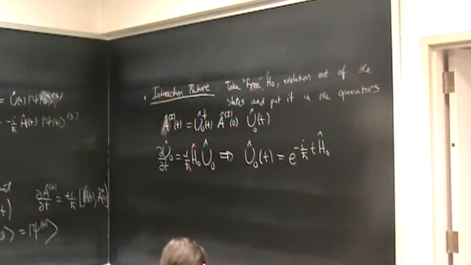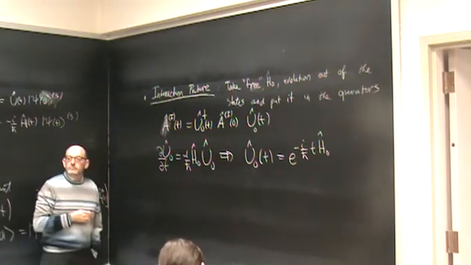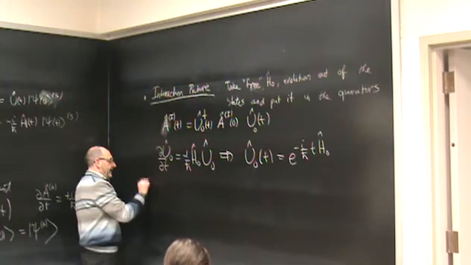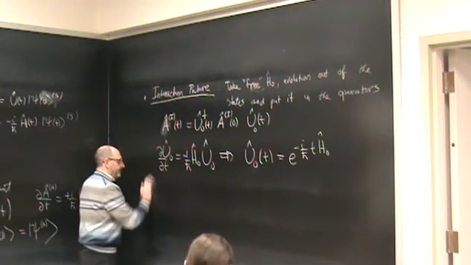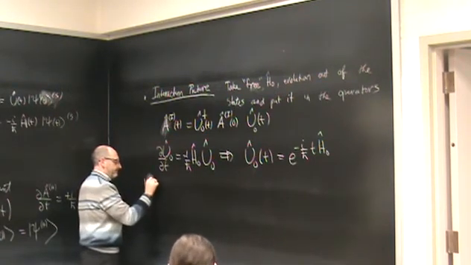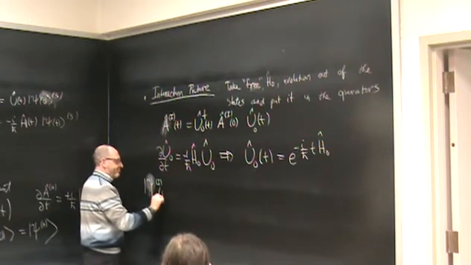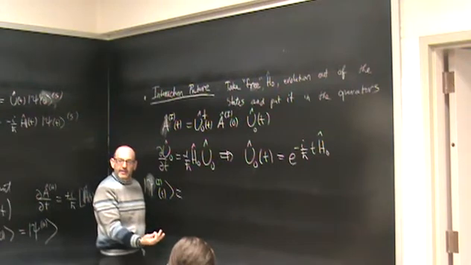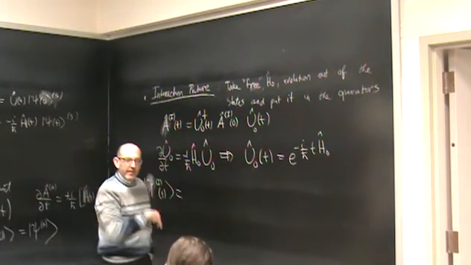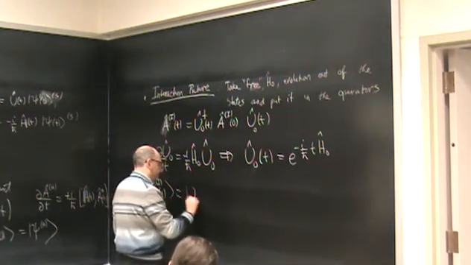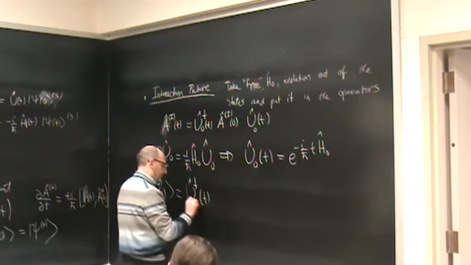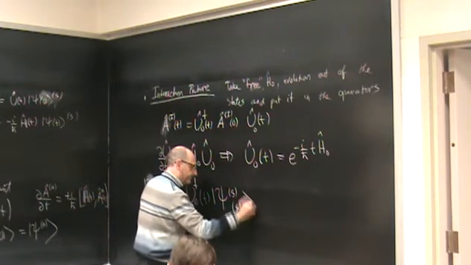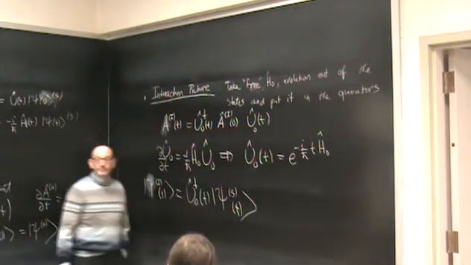What about the states? Well, for the interaction picture state, we take out the free evolution from the Schrödinger picture. So that's U0 dagger.